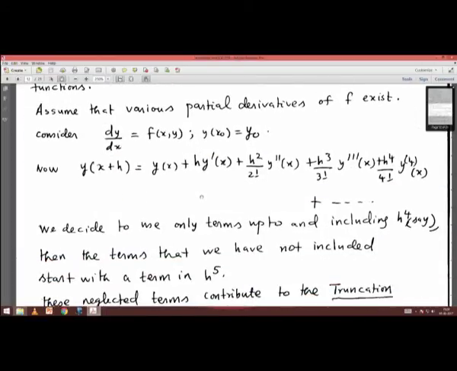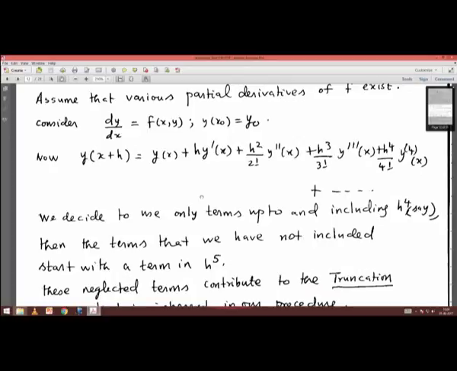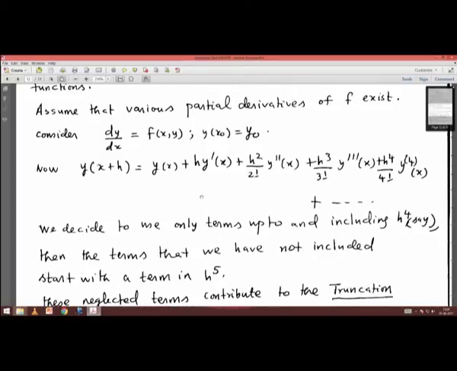So, the Taylor series method requires the following assumption, namely we assume that various order partial derivatives of f of x comma y exist. So, let us consider the initial value problem.